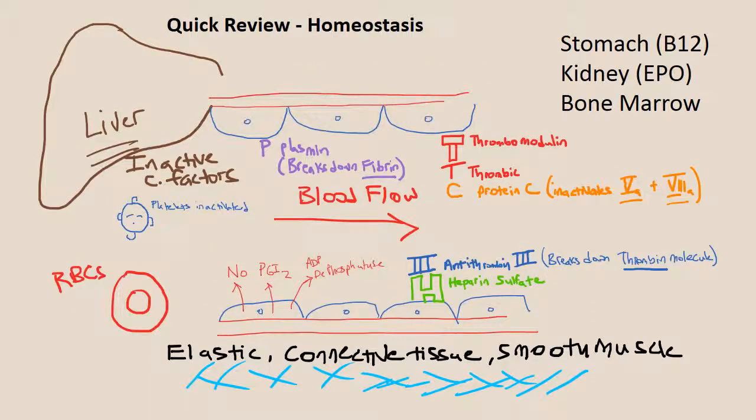A quick review of the homeostasis that is in place. We're going to review the extrinsic and intrinsic pathways. As we said before, the liver supplies a constant supply of inactivated coagulation factors that are ubiquitous in the bloodstream. Endothelial cells serve a lot of purposes. Some of them are to decrease friction. They're also biologically active, releasing products to keep clotting under control.